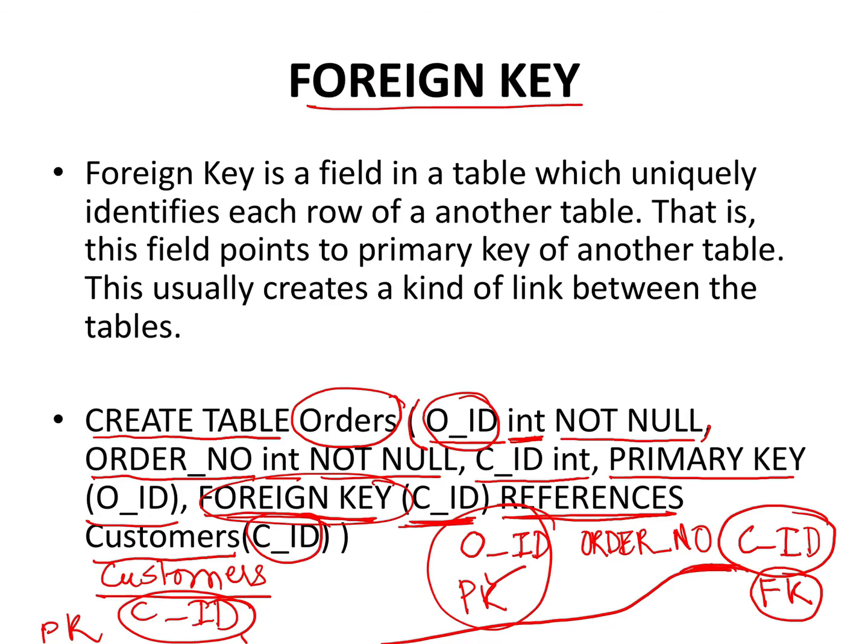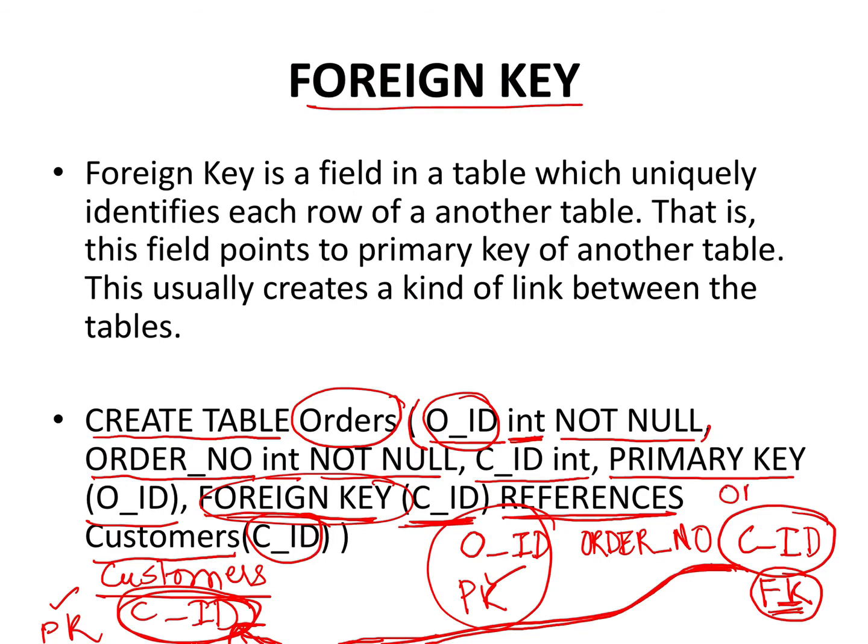I'll just try and draw it in a similar way. So this line goes here and I'll draw an arrow mark here. That means this side is the primary key. So CID is the primary key, and the foreign key is the CID in this particular table, that is the orders table.